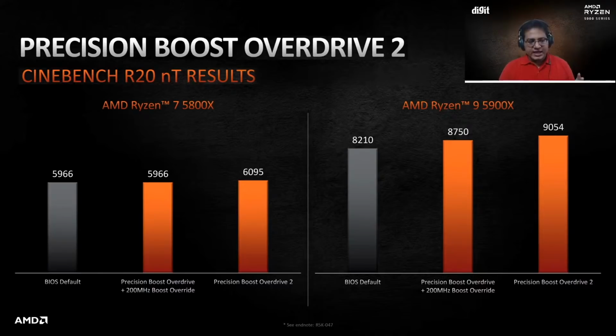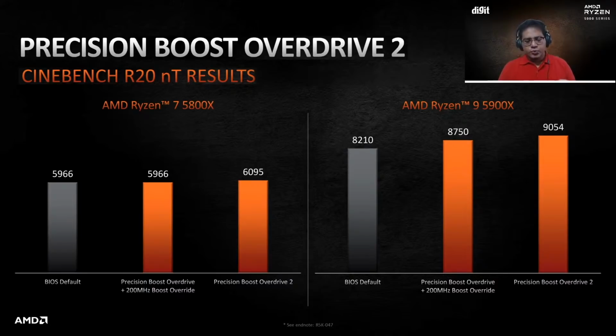So with that, you can see there is no gains between the 5800X running on PBO with the 200 megahertz boost override versus the stock. And in the case of the 5900X, which has a lot more cores, you see that the Precision Boost Overdrive along with 200 megahertz boost override has around 540 point increase. So that's quite significant right there.